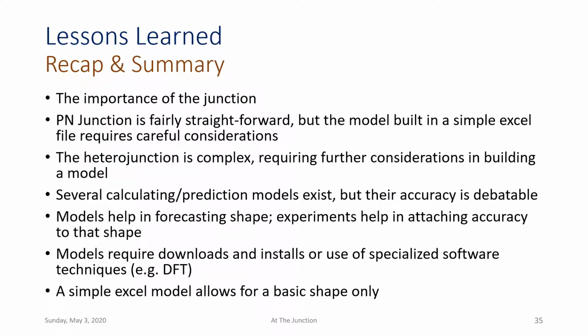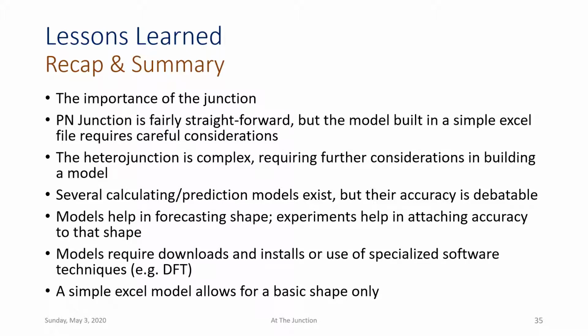Okay, so we have seen the importance of the junction, its formation, its content, which is the charge, electric field, potential, and this leads to the energy band diagrams. We saw the PN junction, which is fairly straightforward, but when we want to build a simple Excel model, we have to make some careful considerations.